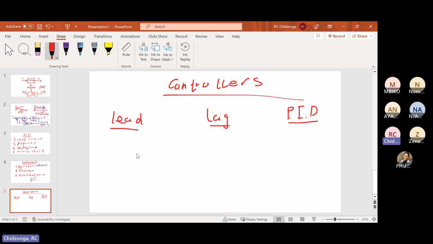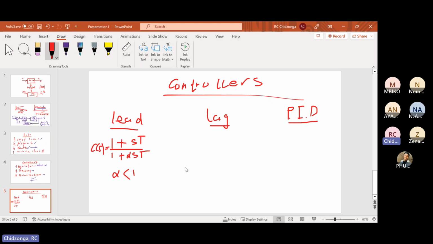So I'm just going to refresh your memory very fast. The lead controller takes the form, this is the transfer function now, C(s) equals (1 + αsT) over (1 + sT), and we said alpha in this case is less than 1. So this is your lead controller.